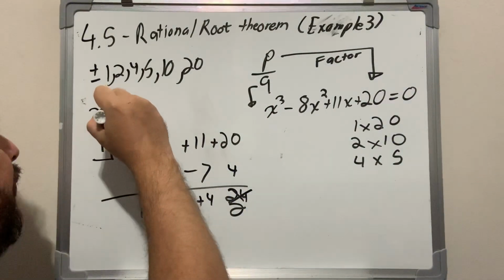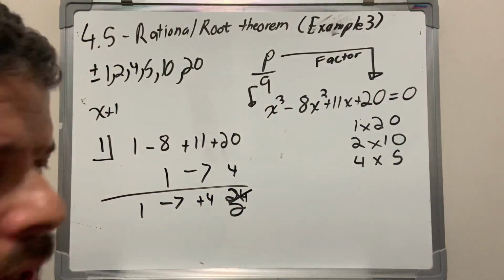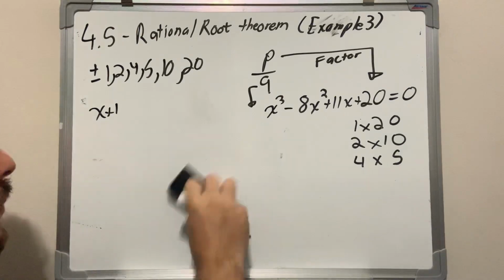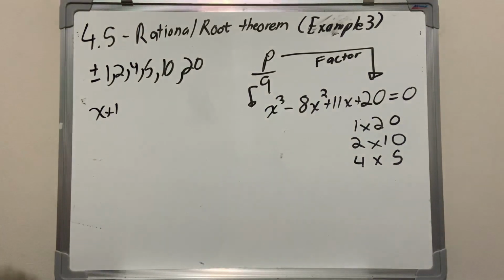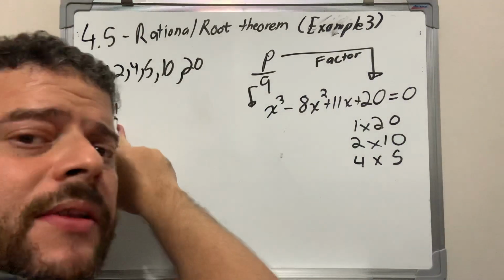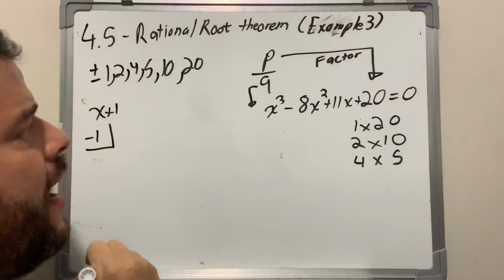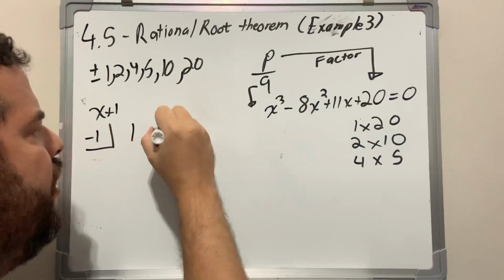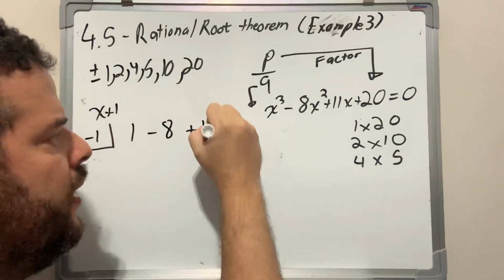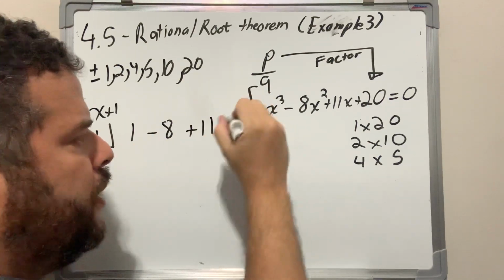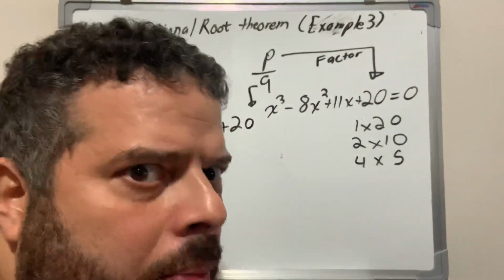Now let's try the factor x plus 1. See what happens. When I'm going to use x plus 1, synthetically divide, I flip the sign. And now I do my normal synthetic division again. I know it sounds long, but trust me, you will not have to test all the numbers.